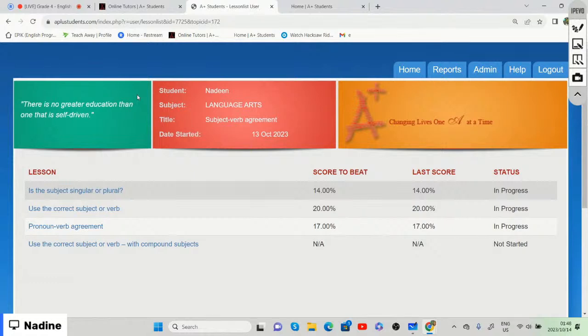And if the subject is plural, then our verb also has to be plural, where we don't usually add s, es, or ies. All right, so grade 4, this is the end of our lesson on subject verb agreement.